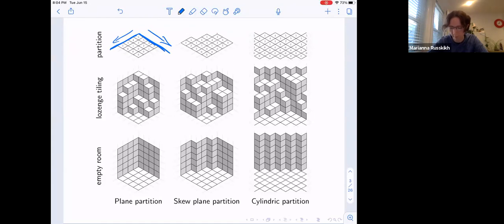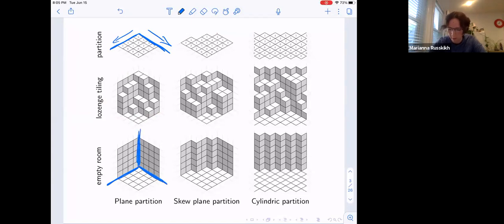Note that a plane partition can be seen as a collection of a finite number of unit cubes stacked in a convex manner in the corner of an infinite room.